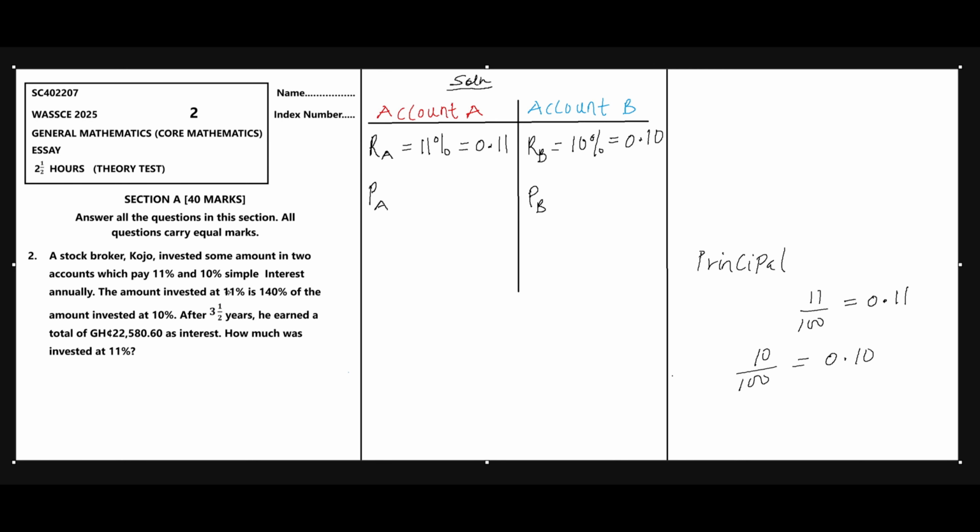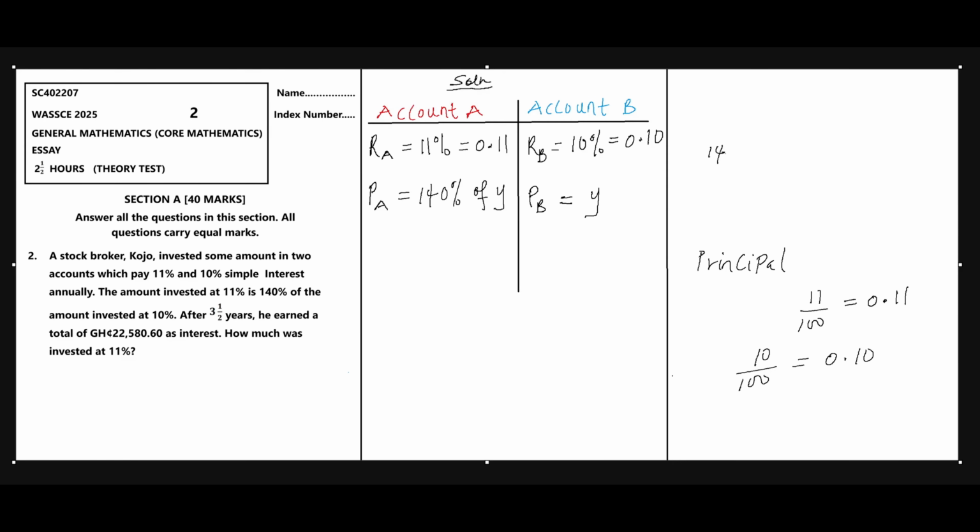The amount invested at 11%, that is the amount invested in account A, is 140% of the amount invested in account B. So let's say Kojo invested Y Ghana cedis in account B. Then it means that in account A, he invested 140% of this amount, Y.